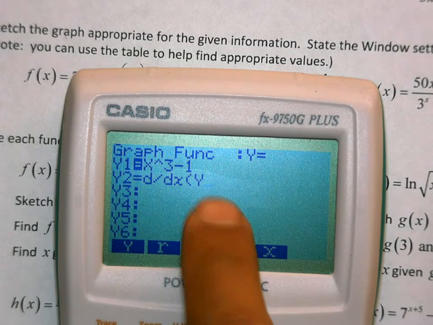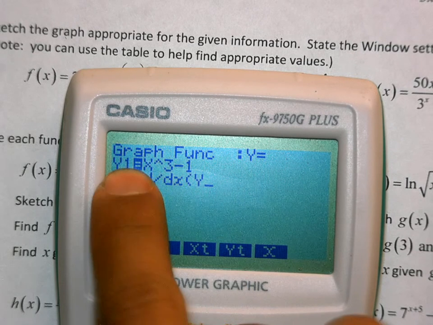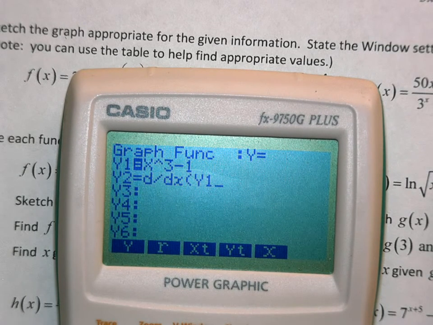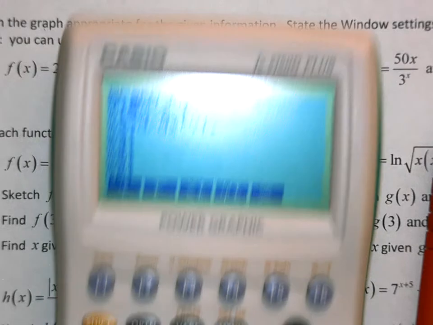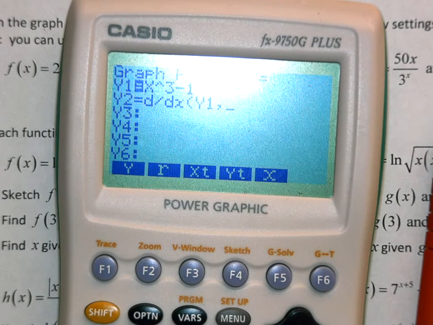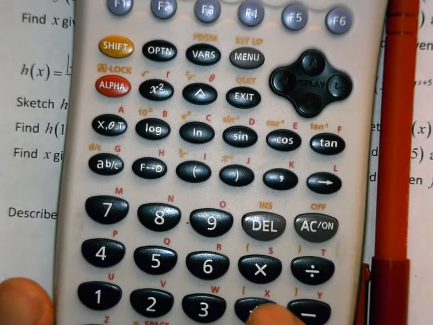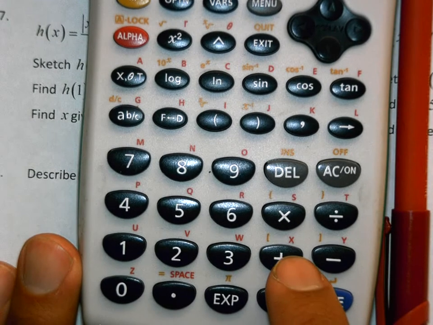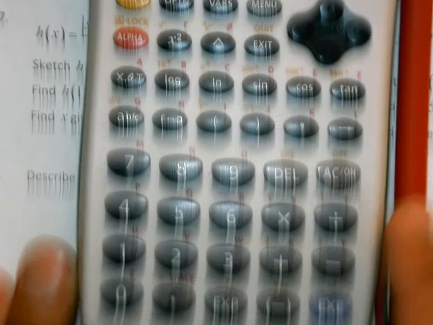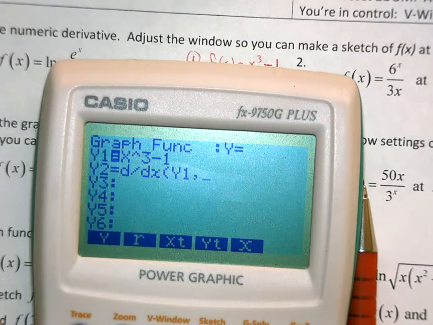Which Y am I going to use? I'm using Y1, comma, and I'm going to use alpha X in order to punch it in. I'm going to use this red X that's right above the plus sign. So it looks like this on my calculators.